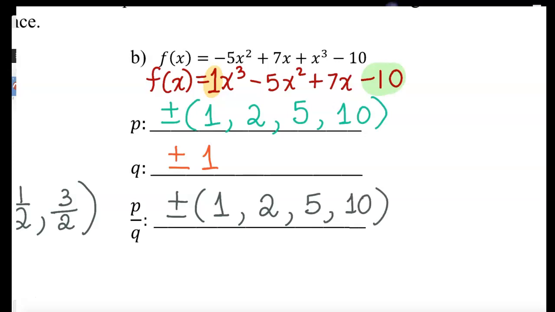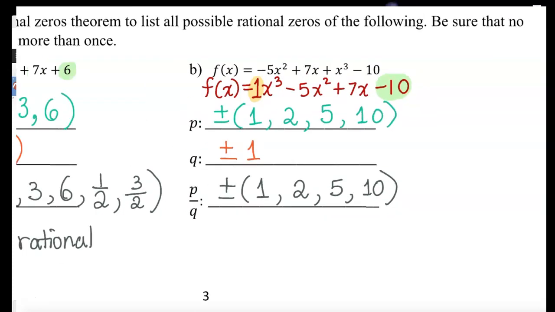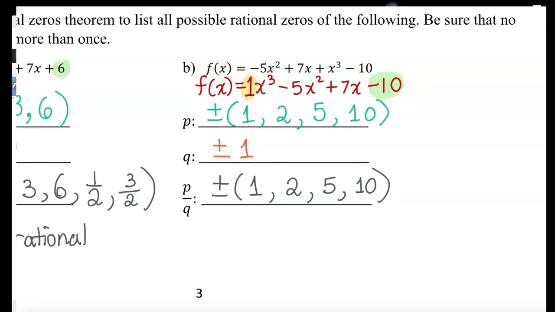If Q is just plus or minus 1, then P over Q will be exactly the same as your P because we're just dividing by 1. So how many potential zeros do I have? I have 1, 2, 3, 4, but considering the plus and minuses of them, I have 8 possible rational zeros.